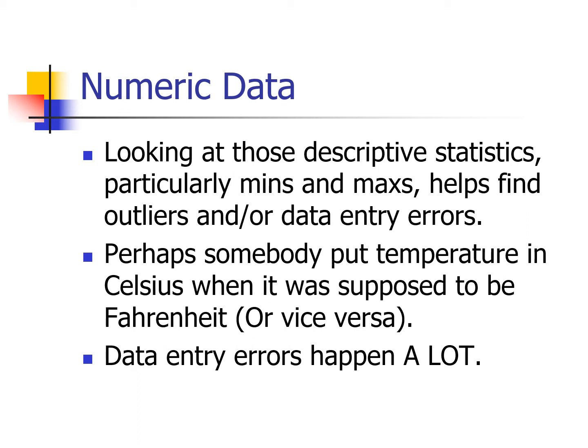So looking at descriptive statistics, particularly the minimum and the maximum, helps us find outliers and or data entry errors. Maybe, where did these come from? Well, maybe someone put temperature in Celsius when it was supposed to be in Fahrenheit. Maybe the other way around. The fact of life is that data entry errors happen a lot.